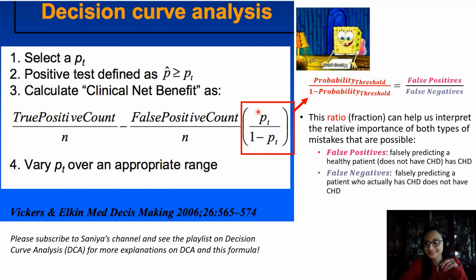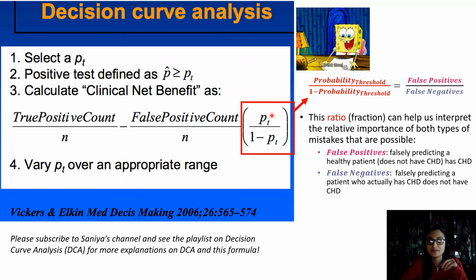I have other videos going over this and talking more about it. But what's key here is that this ratio, probability threshold over 1 minus probability threshold, is really key. That's how the probability threshold plays an impact in determining the clinical net benefit and showing what your preferences are.